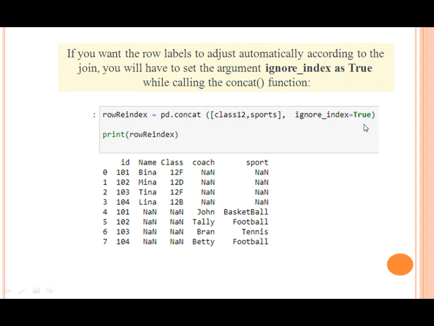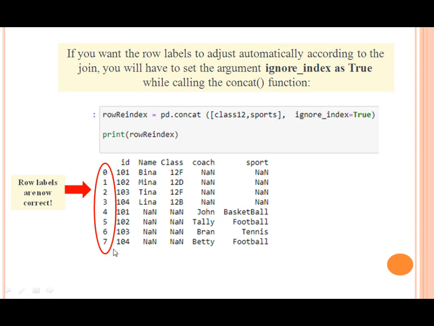By default, it is False. That's why the index is not changed. If I want the index to be adjusted automatically, I have to put ignore_index equals to True. See, when I write ignore_index equals to True, automatically the row labels are now correct. 0, 1, 2, 3, 4.